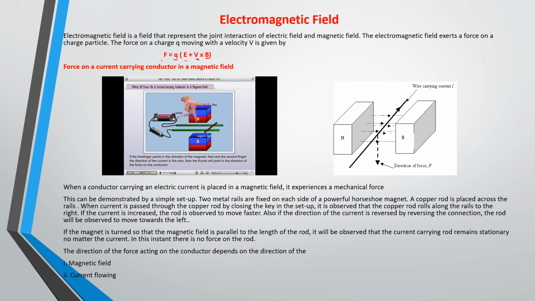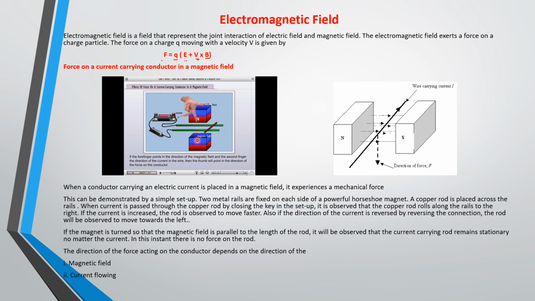Now we will look at the force on a current carrying conductor in a magnetic field. This picture here depicts what happens when a current carrying conductor is placed in a magnetic field.